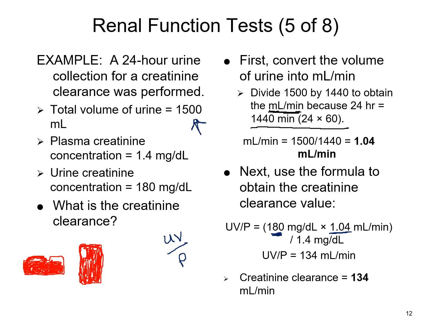And then our P is our plasma concentration of 1.44 milligrams per deciliter. When you plug all those values in, you end up getting 134 mLs per minute once you work out that equation. So that's your creatinine clearance for that 24-hour period on that patient.